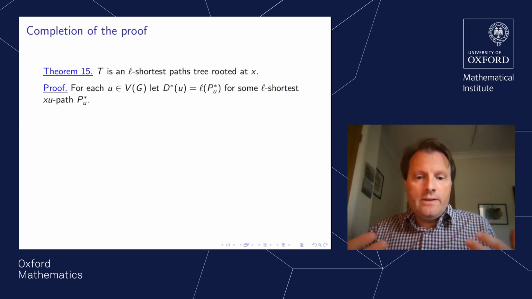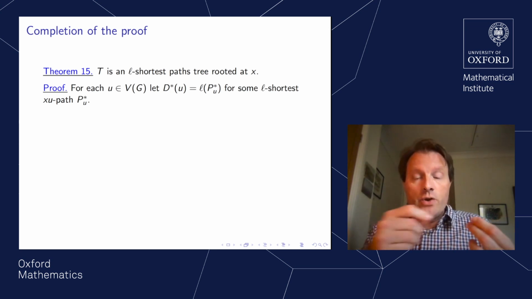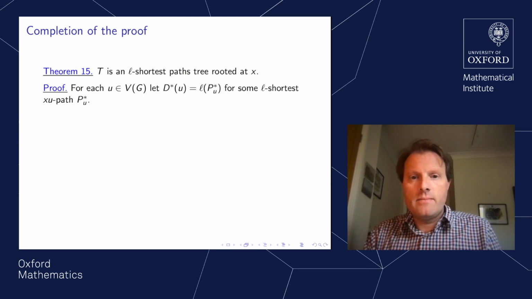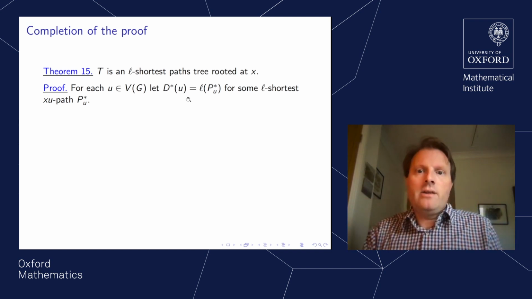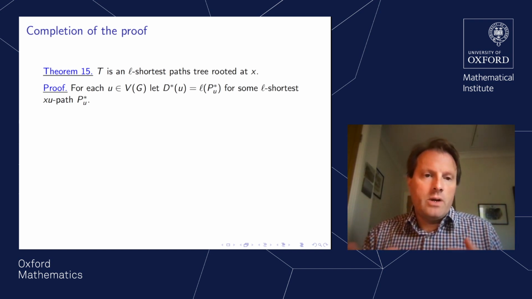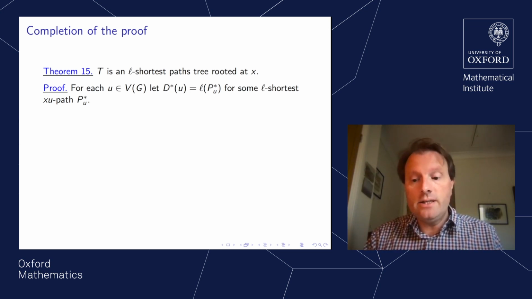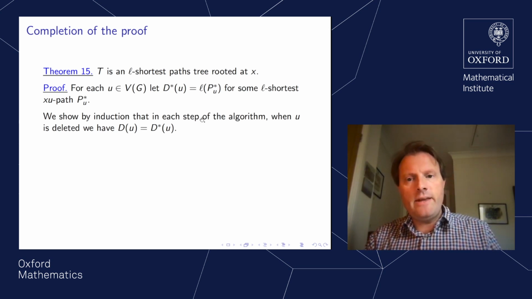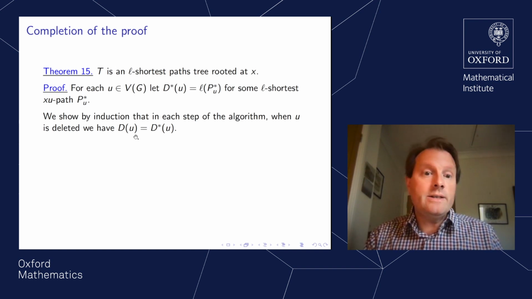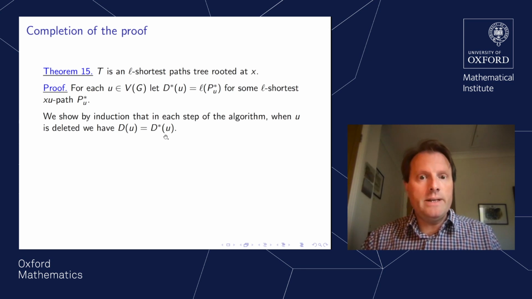We've got our quantity D of U, and we want to prove that it's equal to the length of the shortest path from U to X. So we've defined this D star of U to be the actual length of the shortest path from U to X. So we want to show that D of U is D star of U. So we're going to show by induction at each step of the algorithm that when U is deleted, we have D of U is equal to D star of U. And so we'll be done.